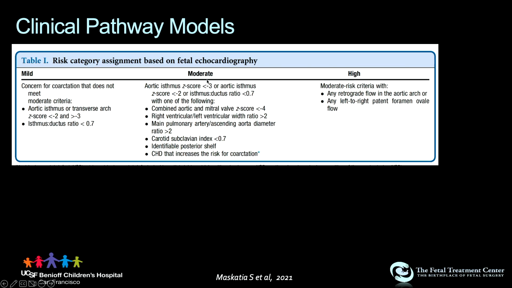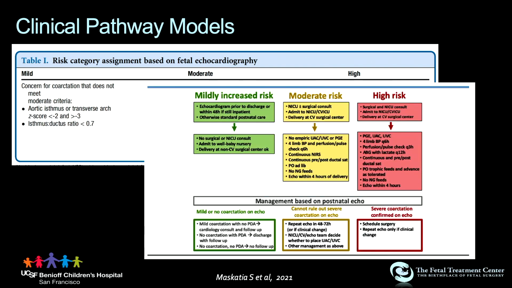And they a priori used different criteria to put fetuses in these different categories. And then they decided on clinical pathway models based on whether there was a mildly increased risk, a moderately increased risk, or a high risk.